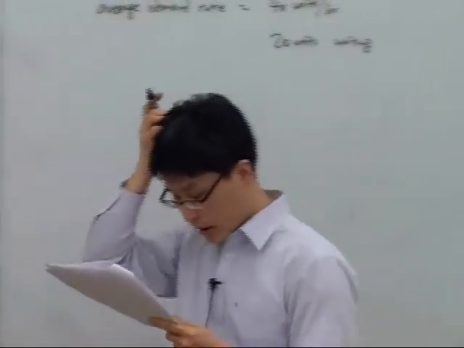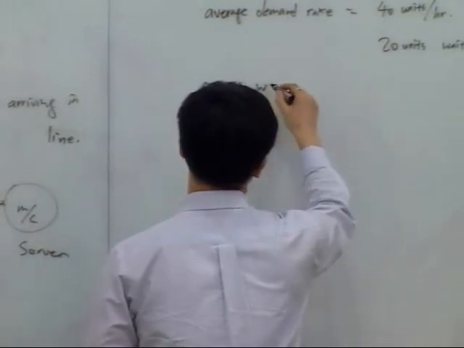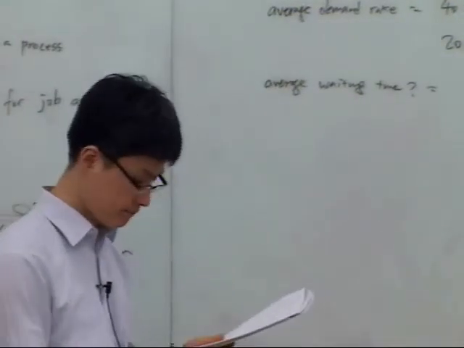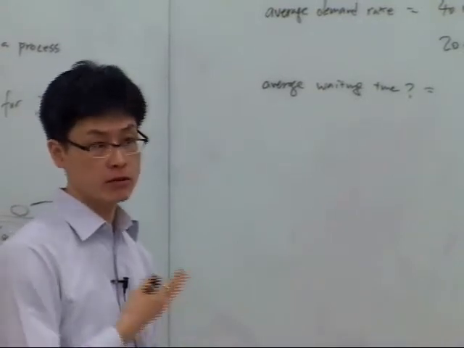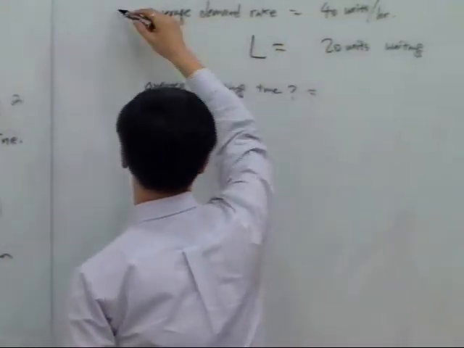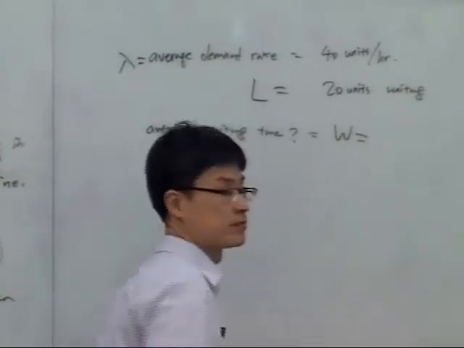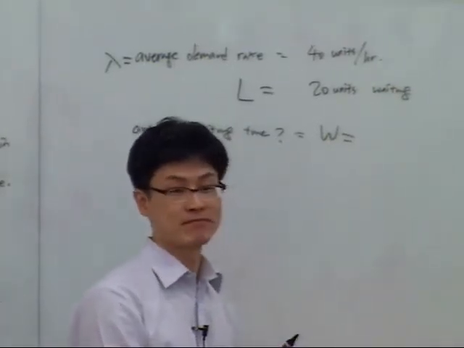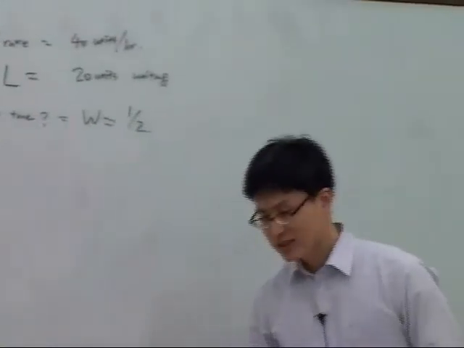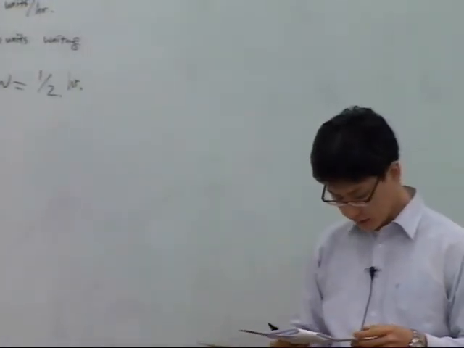Then what is the average waiting time per unit? Anyone? It's too simple. This is L. This is lambda. Waiting time W. What? Half hour, because the time unit is hour. Okay.